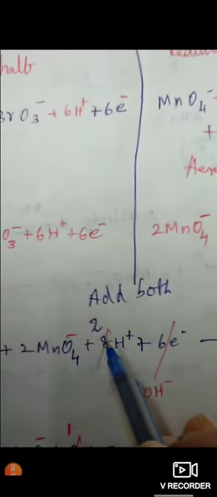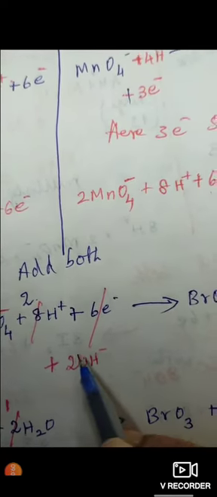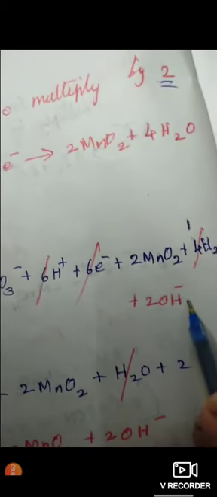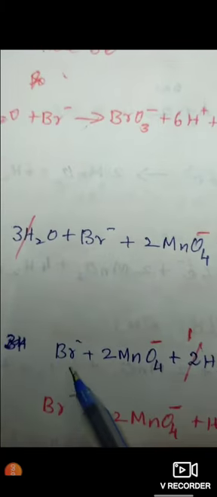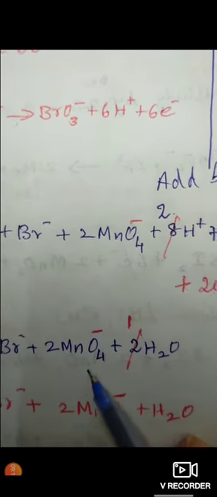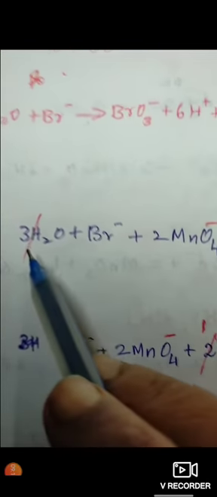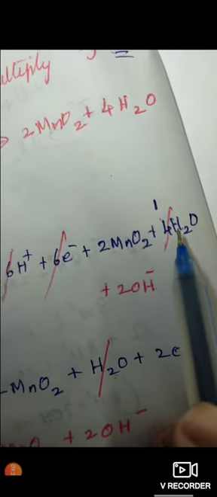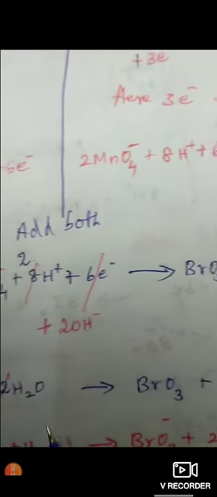So how many hydrogen ions are there? 2 hydrogen ions are there. So for that we are adding 2 OH minus on the reactant side as well as on the product side. Now Br minus, 2 MnO4 minus, 1 H2O. Only one, because here 2 H2O is there. That also will get cancelled.